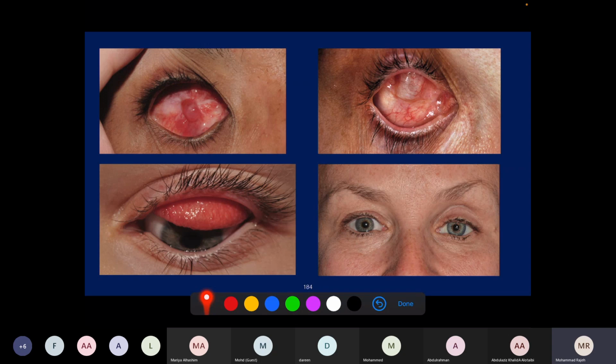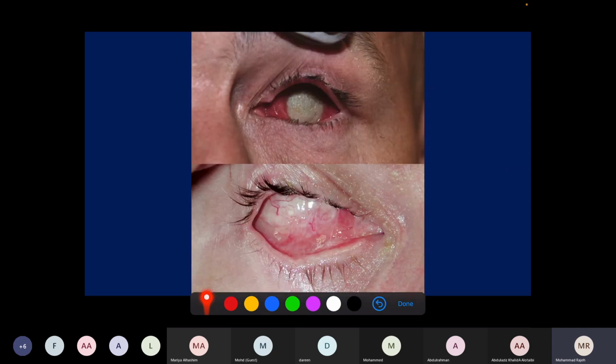So maybe the implant itself is small. Maybe it's 14, 16 millimeter. You can replace it with something bigger, like 20 or 22. Or you can place an orbital floor implant to push the whole orbital content superiorly. So this is extrusion. Do you know what the implant is here?